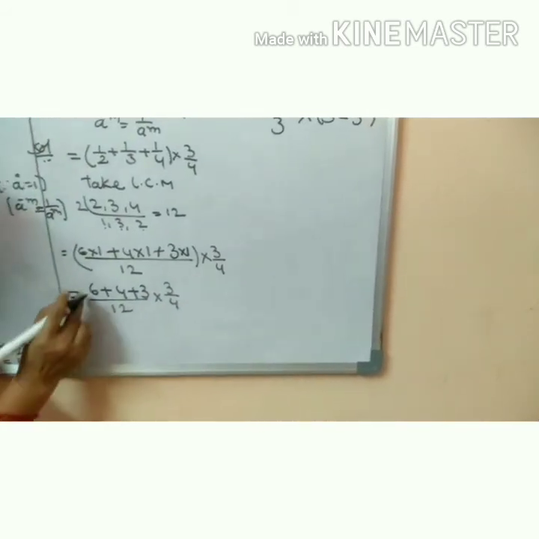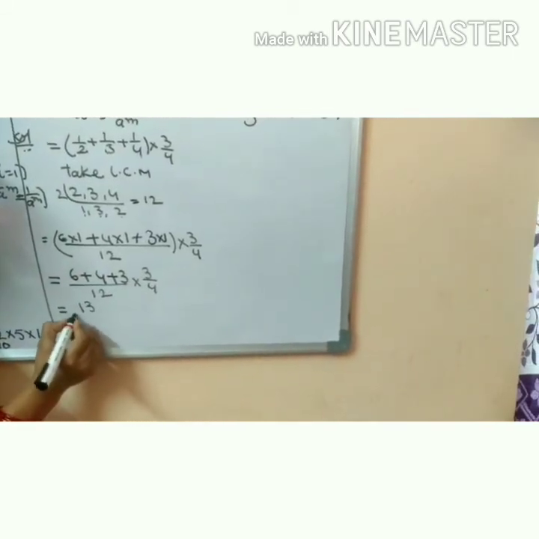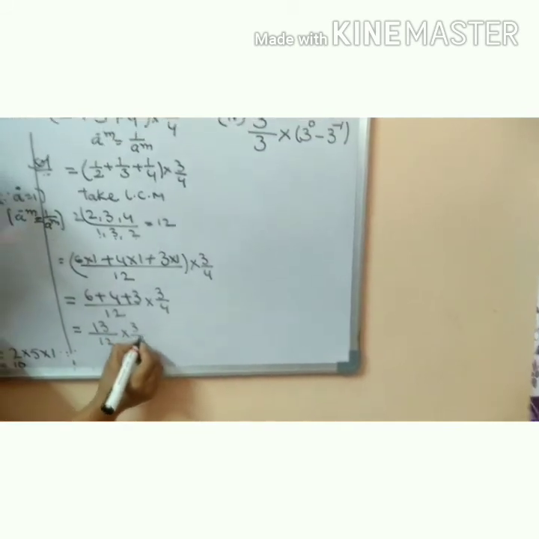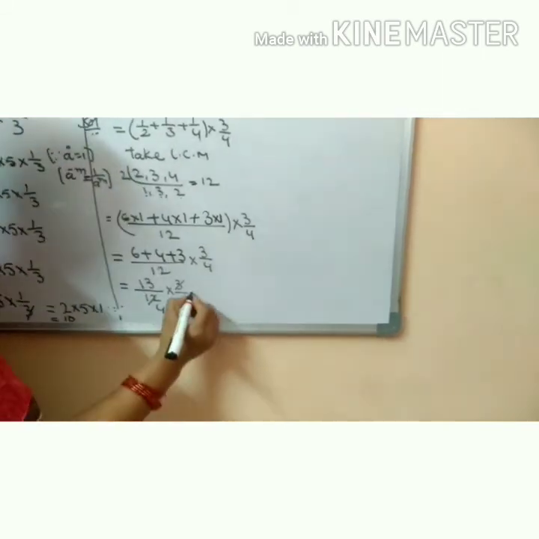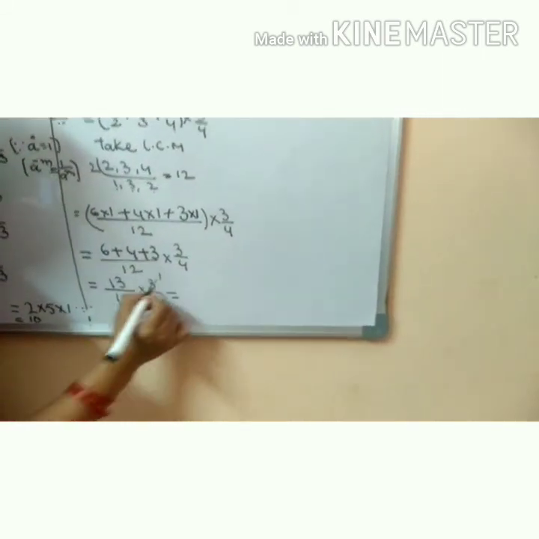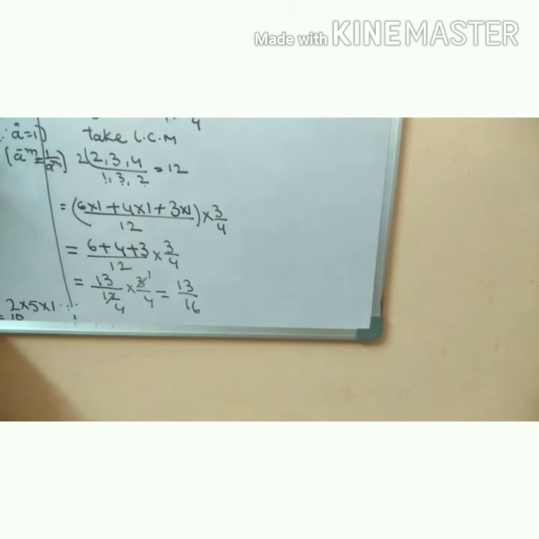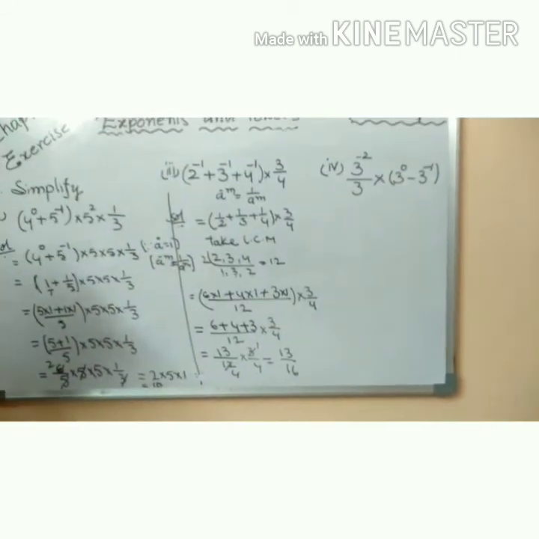So here 6 plus 4, 10, 10 plus 3, 13 by 12 into 3 by 4. Here 3, 4 times possible. 3 4s are 12. 3 1s are 3. 3 4s are 12. 13 ones, 13 by 4 4s are 16. 13 by 16. The value is 13 by 16.